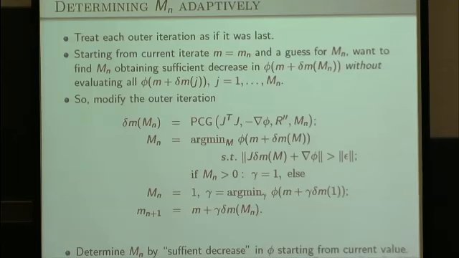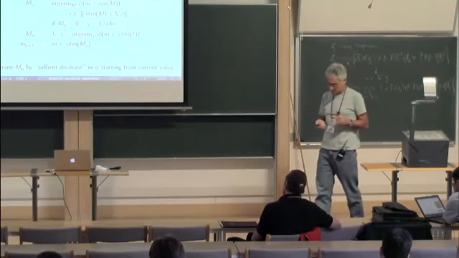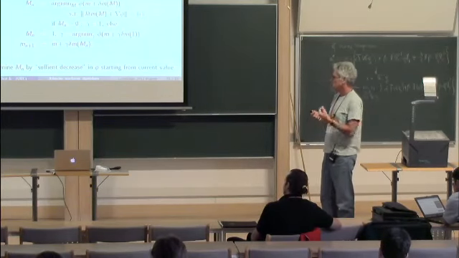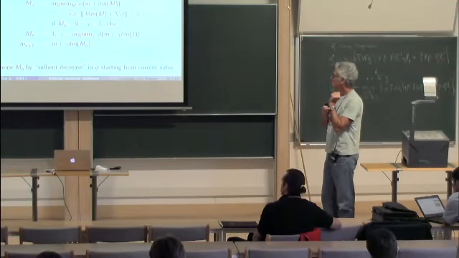The important point is the idea: we only evaluate phi for big m sub n and not for everybody else. We determine m sub n by sufficient decrease defined by some magic constants. Again, they are specified in the paper, but discussing such details here is not very useful.